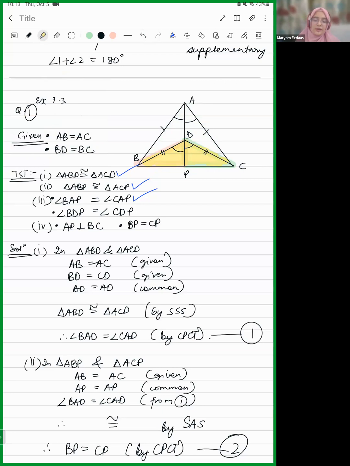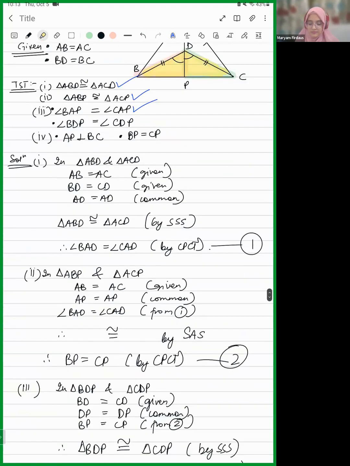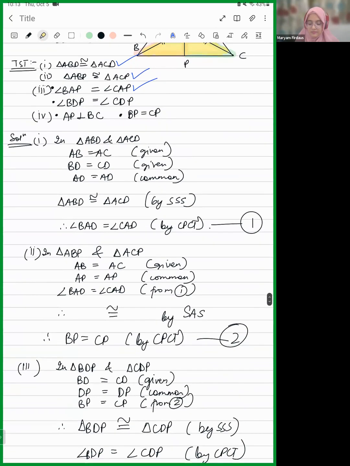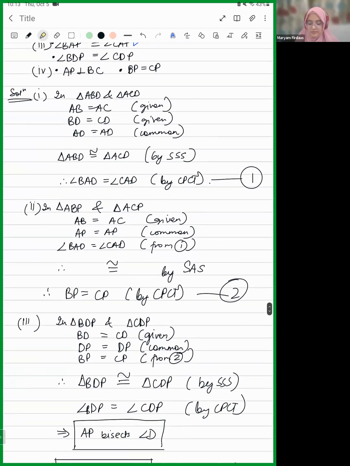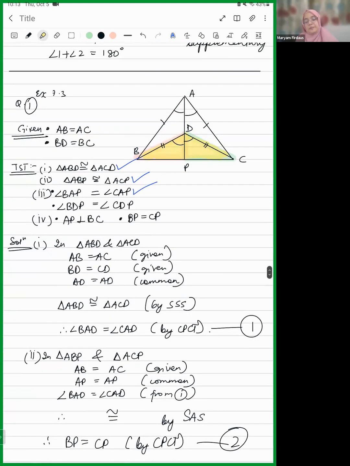Okay, what about that triangle? In the last question, we explained that BP is equal to CP.